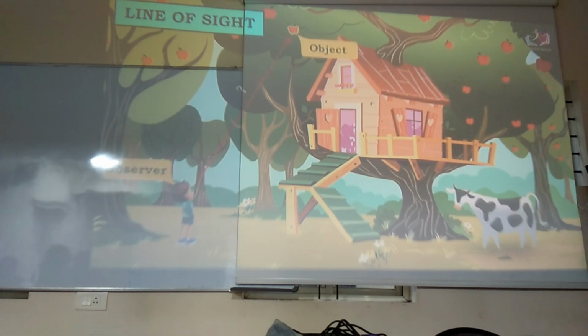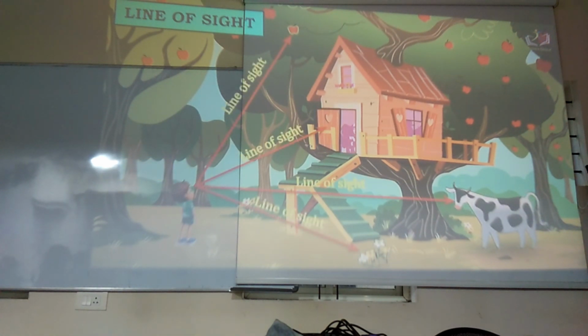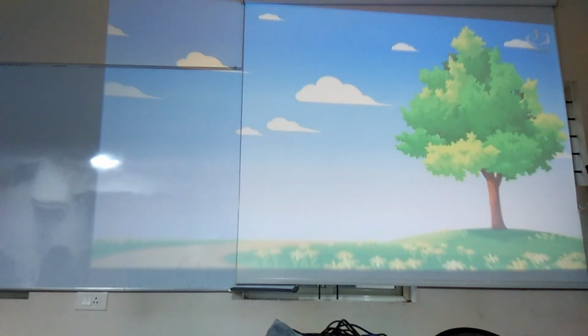So he is looking at the apple. This is one of the lines of sight. These are all the lines of sight. Whether parallel or at whichever angle you're looking, it is called line of sight. Clear? Okay.